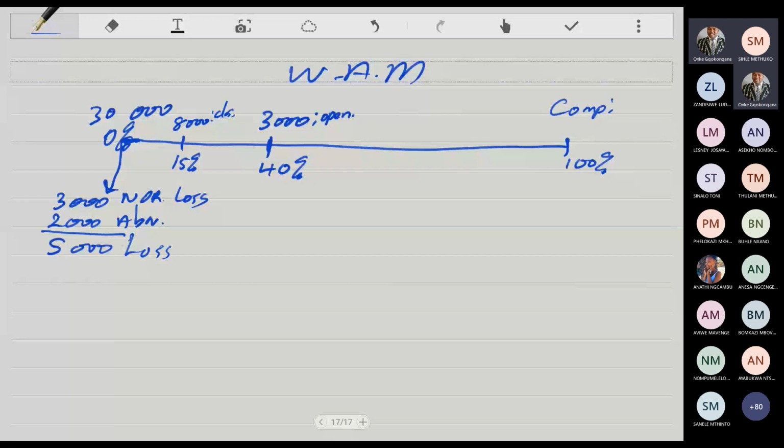So we carry on, then we said 16%, 17%, 18% onwards with how many units? 17,000 units. Do you agree with me? I hope so. Then up until we reach 40% in our production. And at 40%, we find out that we've got an opening here of 3,000. So we add another 3,000 units. So it means that your completed units is 20,000 units.